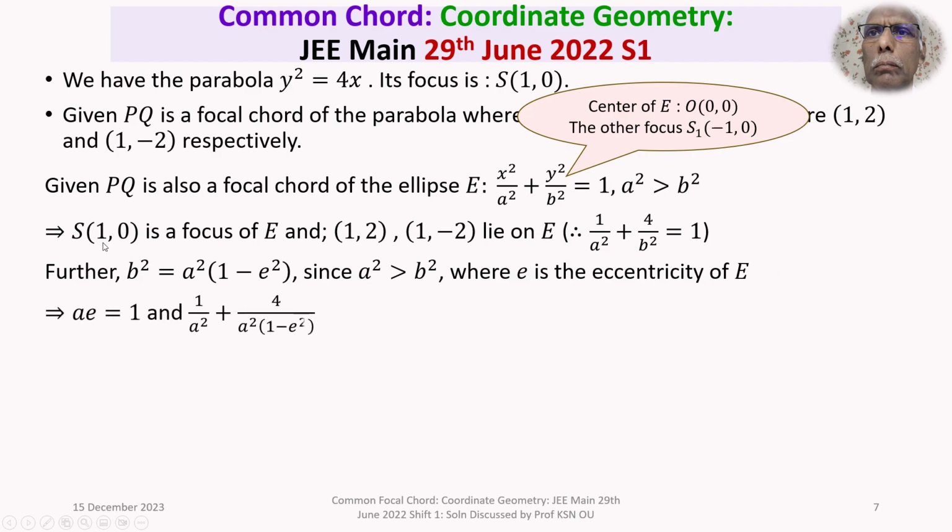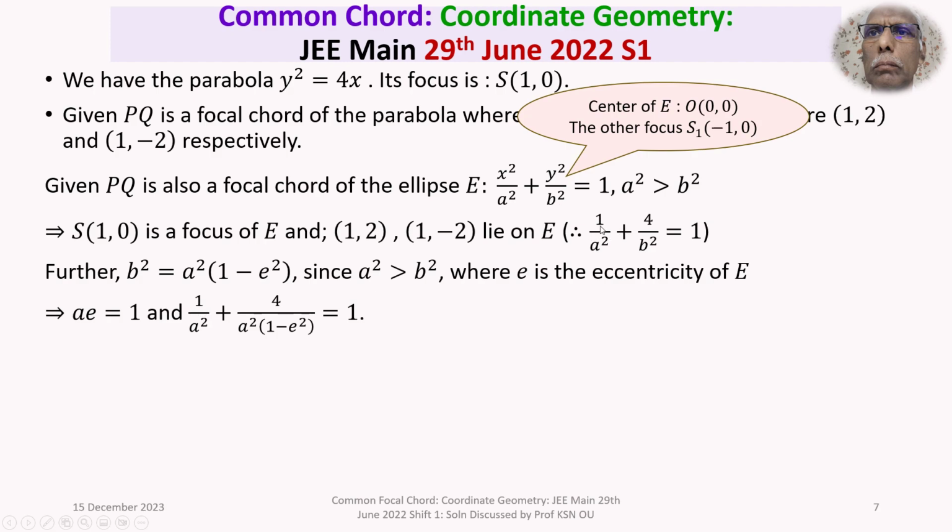And because (1, 0) is a focus for E, and the foci of the ellipse are given by (plus or minus ae, 0), therefore ae must be equal to 1.